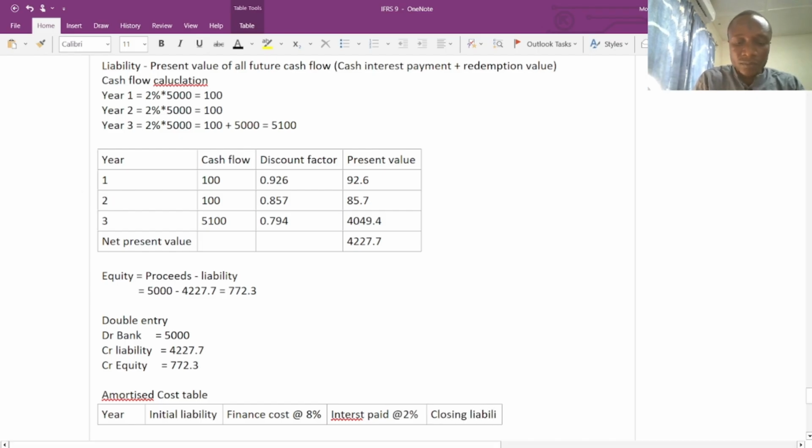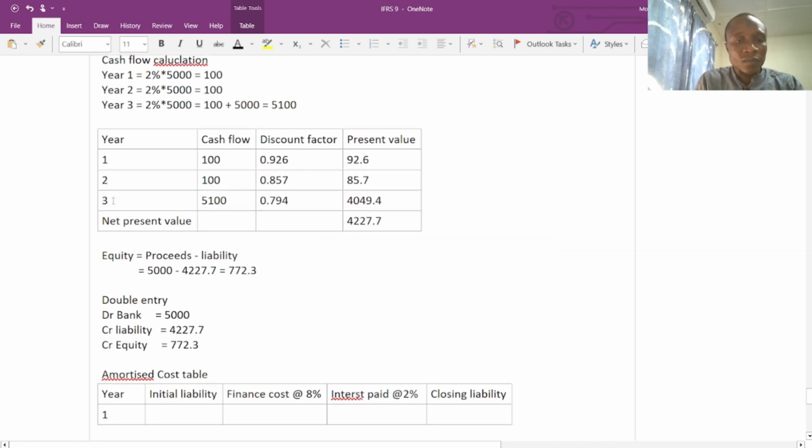Closing liability. So year one, the 4227.7, 8% multiplied by 4227.7 multiplied by 0.08 will give us 338.216. And the interest paid is 100 because we are going to calculate the interest paid on the proceeds, not on the liability.